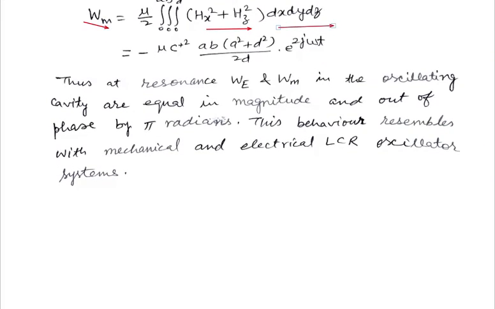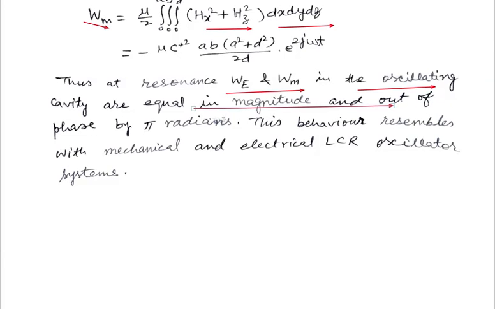As we note here, both the energies We and Wm are equal in magnitude, but with opposite sign, which indicates that both the energies are out of phase, that is, the phase difference between them is π radians.